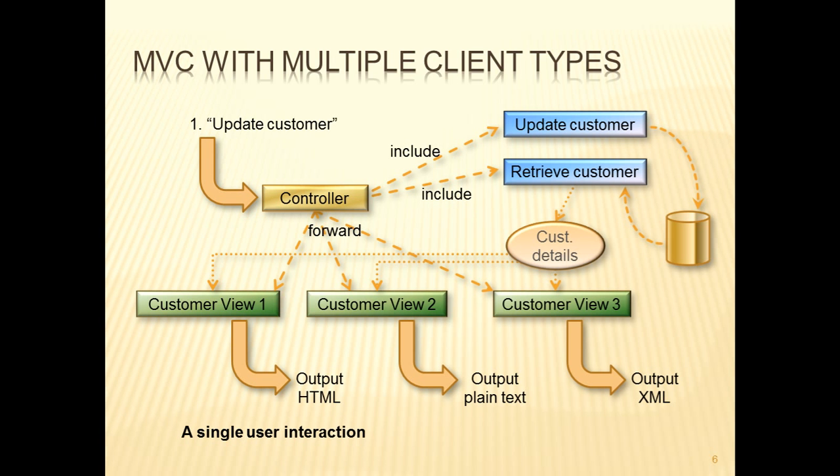If we'd got all the model and all the view and all the control bundled up in one servlet like we started off doing right at the beginning of this module, then we would have had to write 3 separate implementations of the model as well as the view and the control.